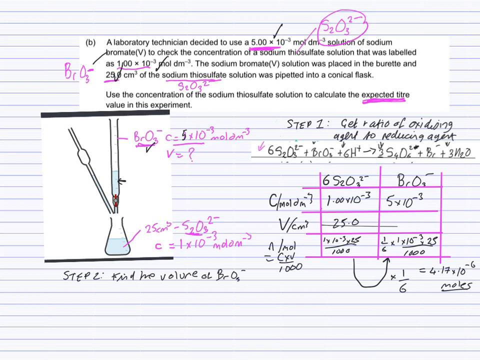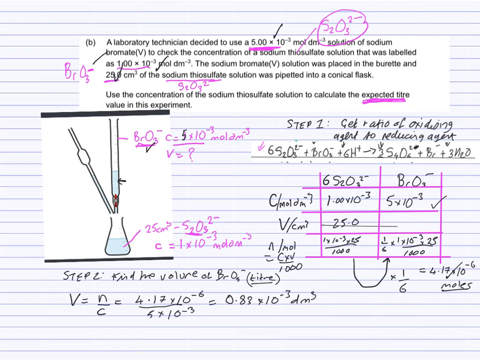So we now rearrange our equation, and we know that to get the volume, you need to divide the number of moles, the amount, by the molar concentration. The number of moles we've just got from the first part of the question, which is 4.17 times 10 to the minus 6 moles in that titer, divided by the molar concentration, which is 5 times 10 to the minus 3.